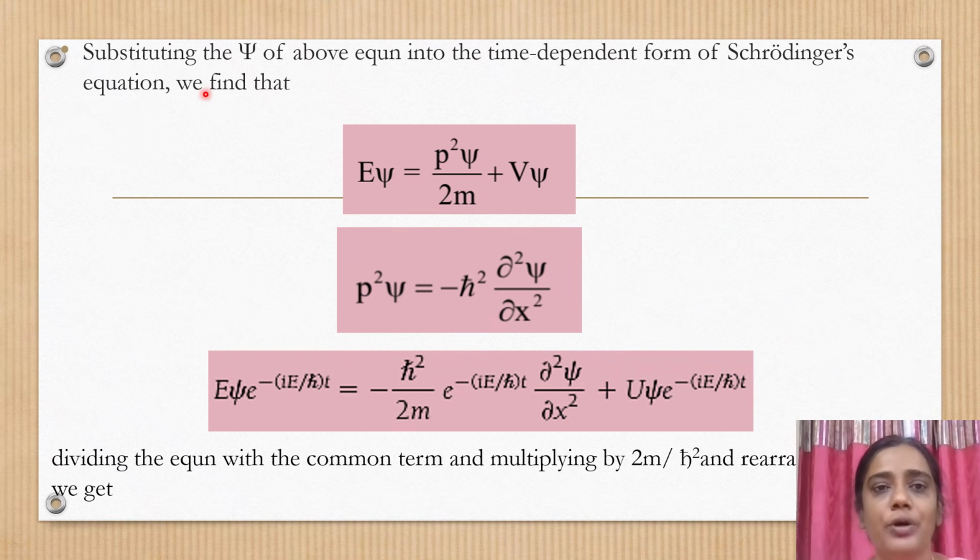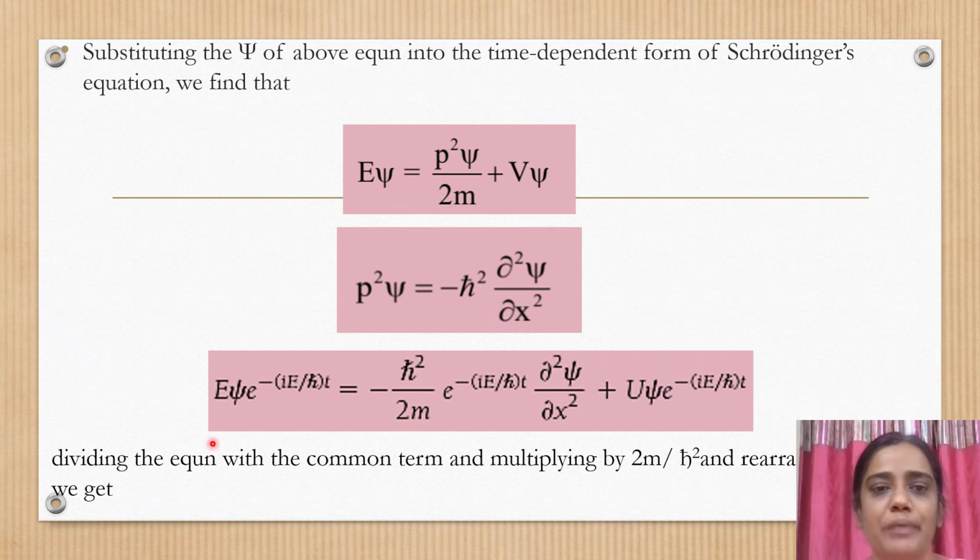Now we are going to substitute the value of psi that we have just derived into the time dependent equation E psi is equal to p squared psi by 2m plus V psi. Now we know p squared psi is equal to minus h cross squared dou squared psi by dou x squared. So in the place of psi in this equation we are going to replace psi e power minus iE by h cross into t.